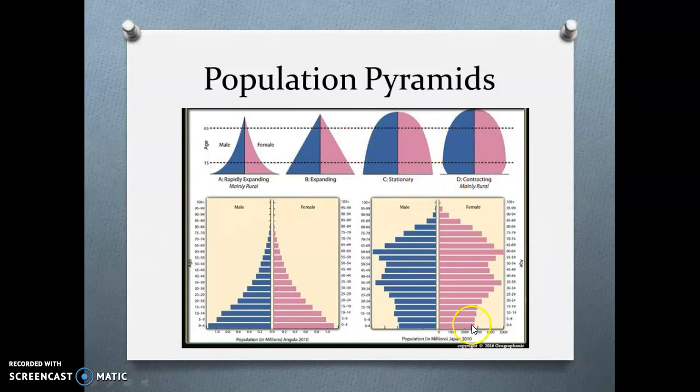But you have fewer children being born. So here you're going to see an older age dependency ratio, right? A population that needs nursing homes and different types of medical care.